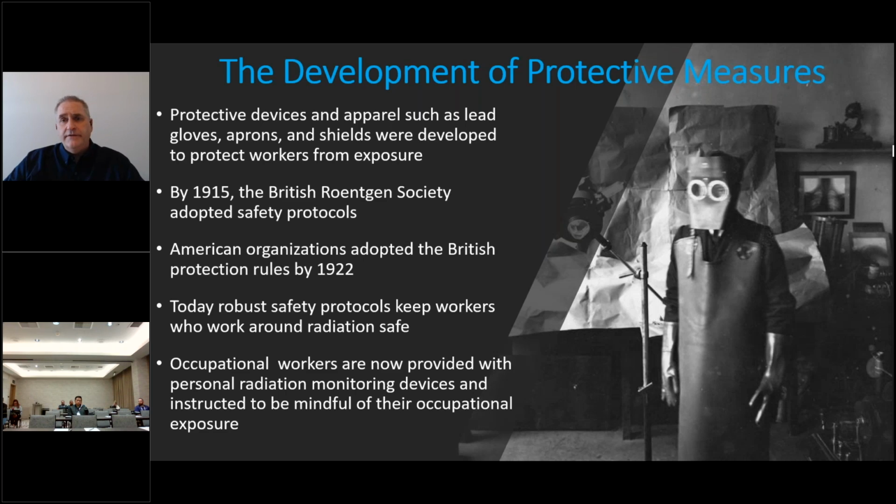Radiologists and the technicians of the day, as we realized that things were happening to people, started looking at it and implementing safety procedures. And in 1915, the British Rontgen Society was the first group that actually formalized safety protocols and treatment protocols so that they could help start eliminating staff exposure as well as create safer patient exposures for radiographic procedures.